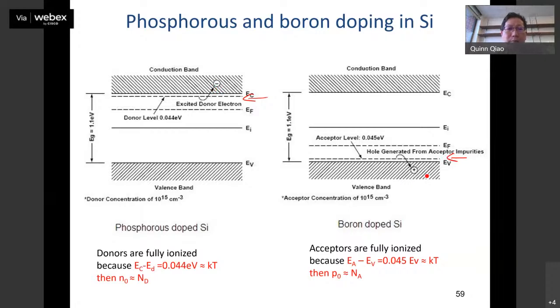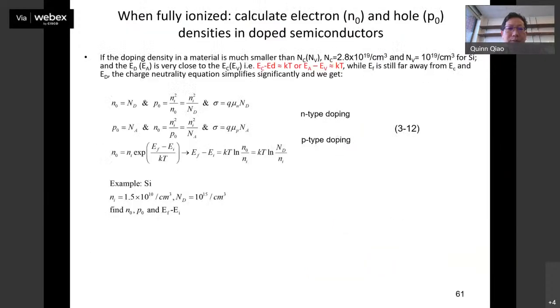Okay, so I'm going to skip this. Here there's an example. I think I almost talked about this. These are basically just equations. If you know the donor concentration ND, that's basically the electron concentration. If you have the acceptor concentration, that tells you the hole concentration.